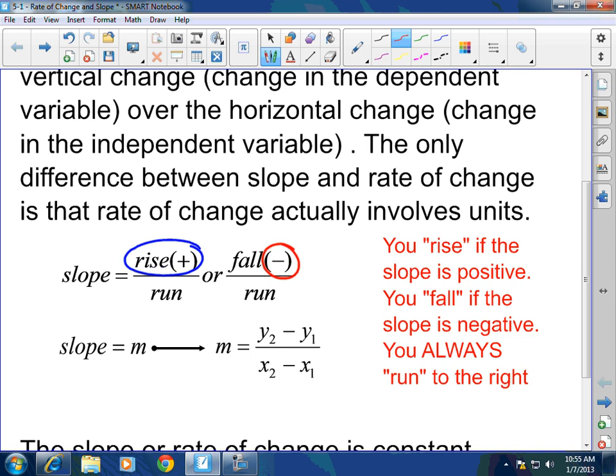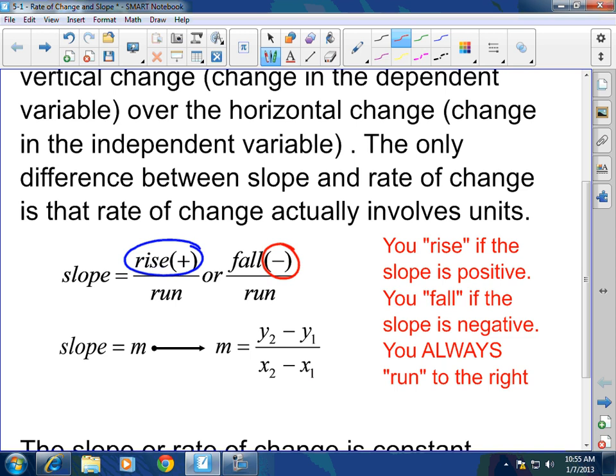That is why I call it a fall. So the slope is a rise over run or a fall over run. If it's positive, I'm going to rise, so I'm going up from left to right. When I have a negative slope, a fall, that means I'm going down from left to right. Does that make sense so far, everybody?